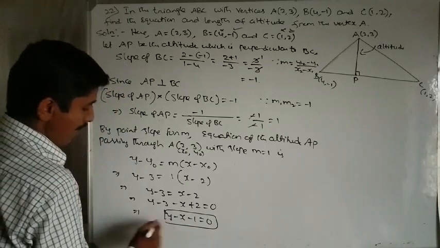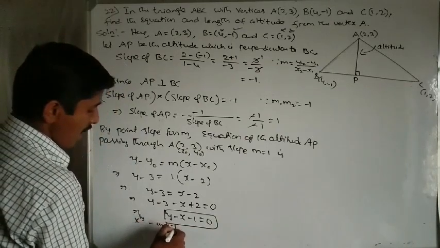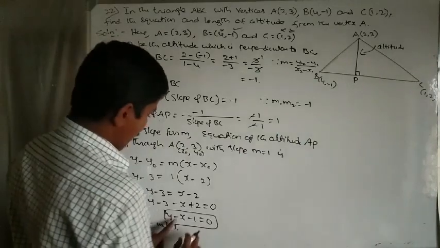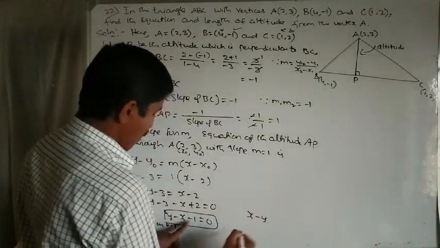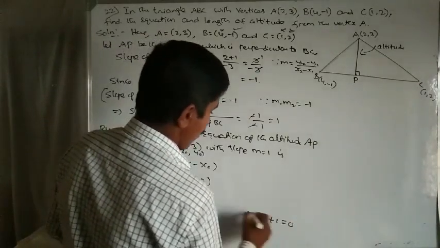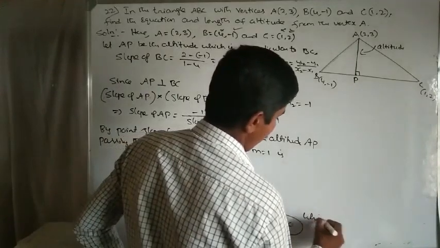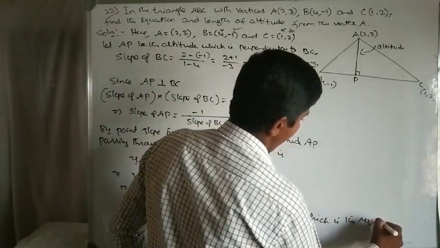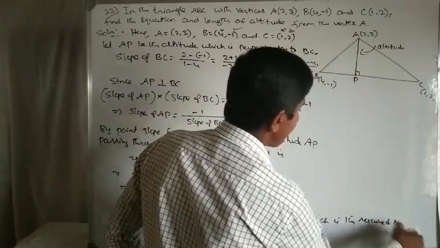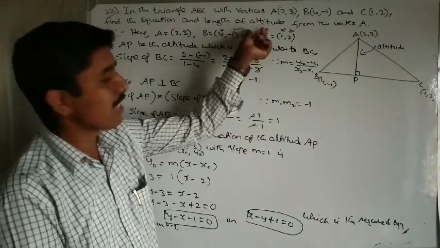Multiplying by minus on both sides: minus times minus is plus x, minus times plus is minus y, minus times minus is plus 1, equal to 0, which is the required equation. First one. Next we have to find the length of the altitude.